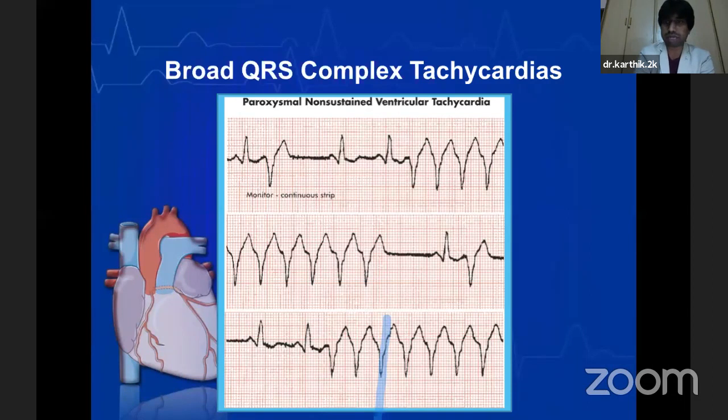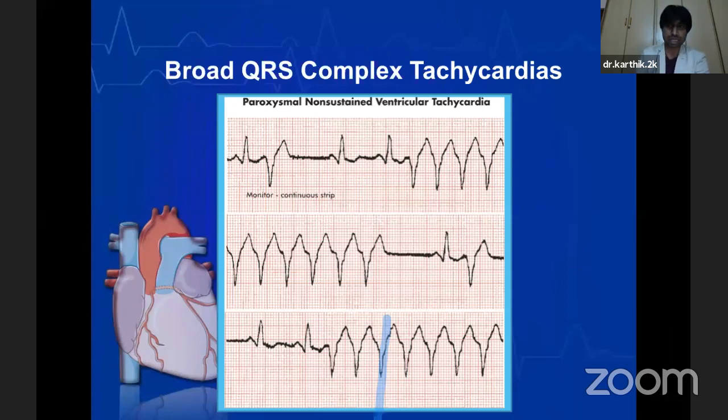The abnormal beat is originating from the ventricles, because of which it has the abnormal morphology of broad QRS complex. Sometimes on a normal ECG, you would have read that there is a ventricular premature complex. It is an abnormal beat which is originating from the ventricle.